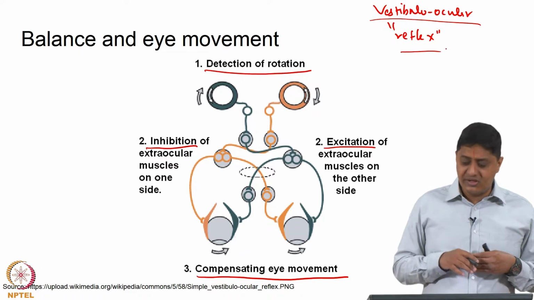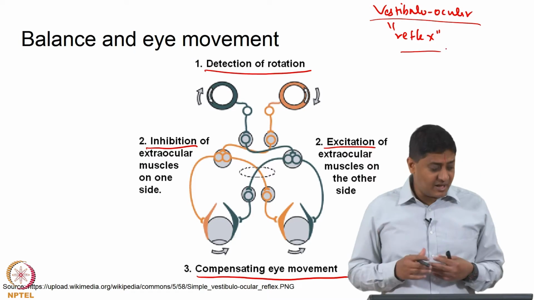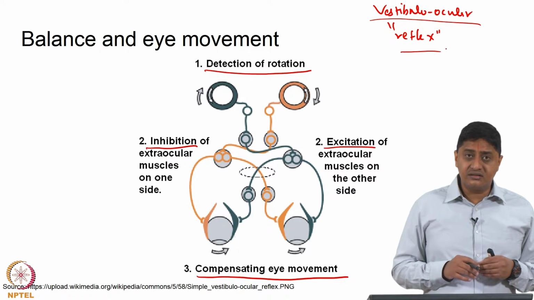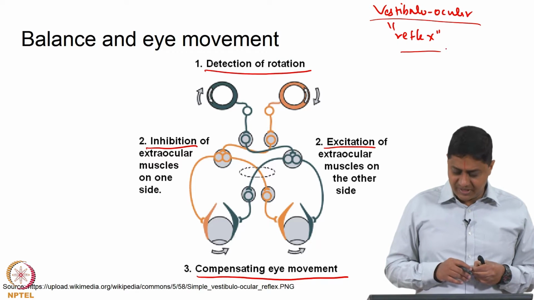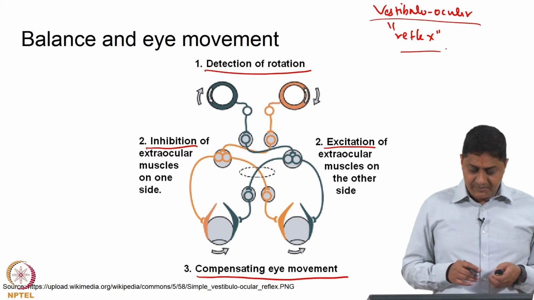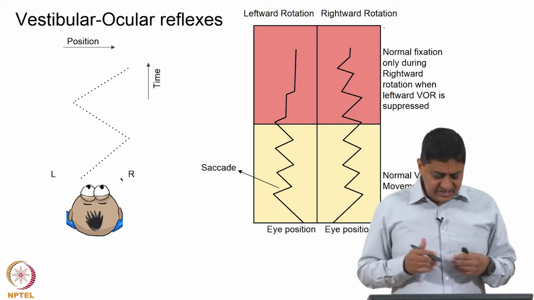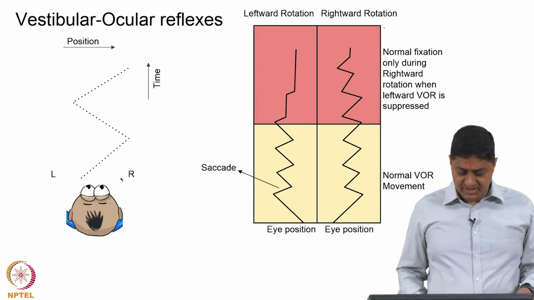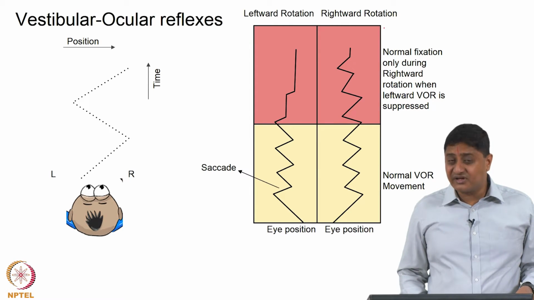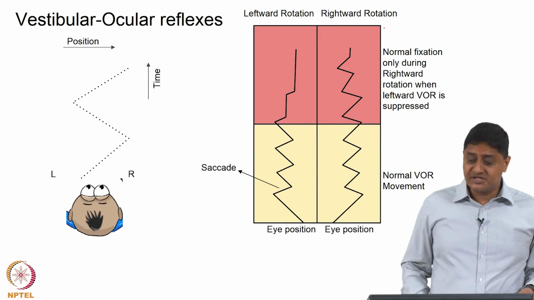So, how is this accomplished by the vestibular cerebellum, or what is the vestibular cerebellum's role in performing this action? Well, that becomes apparent when there are lesions of the vestibular cerebellum. For example, here is a case of an individual who has had a left vestibulocerebellar lesion.